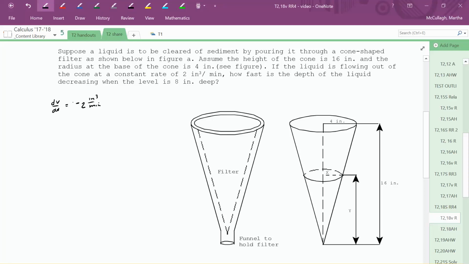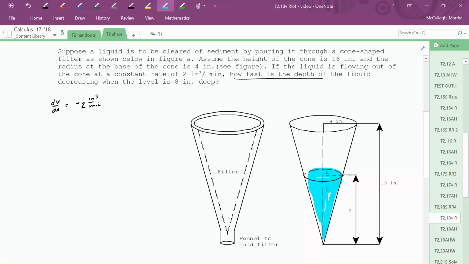We want to find how fast the depth of the liquid is decreasing when the level is 8 inches deep. If we look at our picture, in this problem we didn't have to draw our own picture. It was given for us. So that black box that we've used before, this part is here. We want to consider that we've got liquid inside this cone that is only coming up this high.